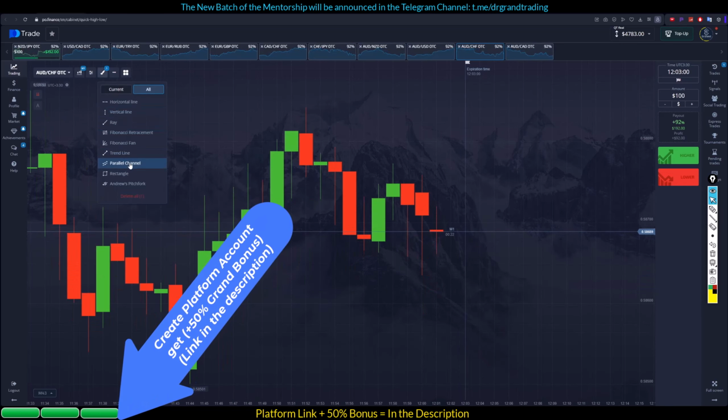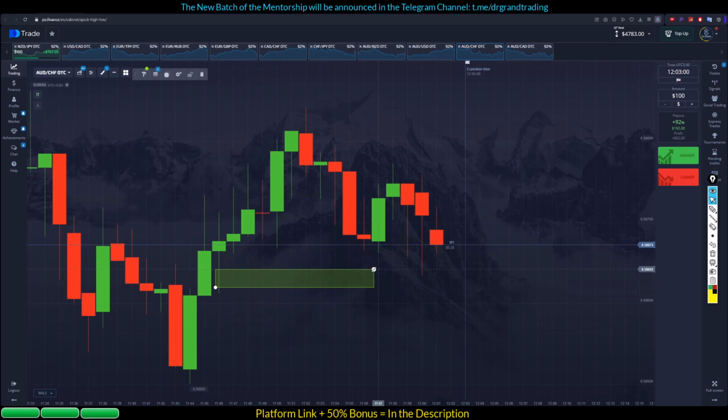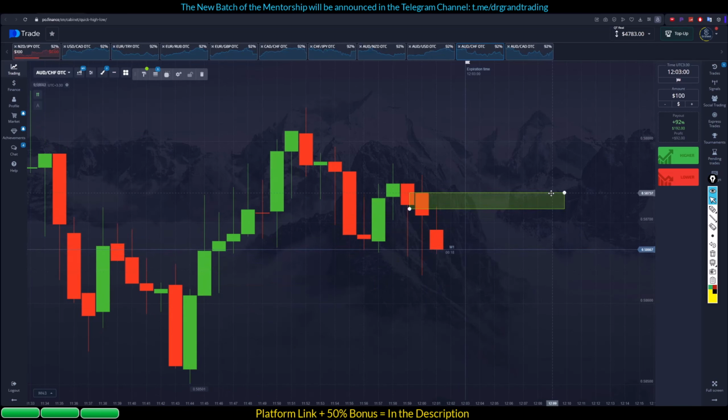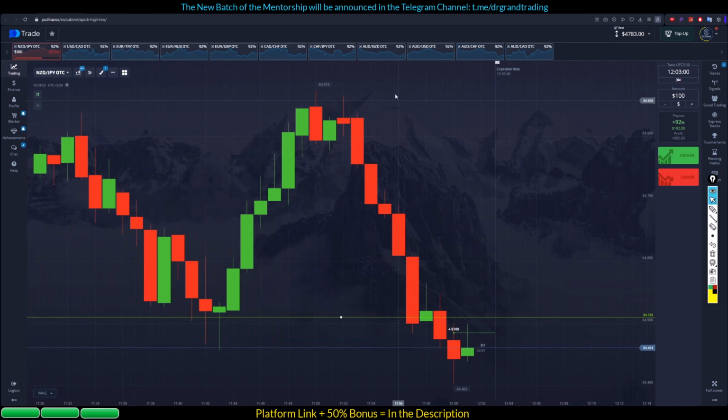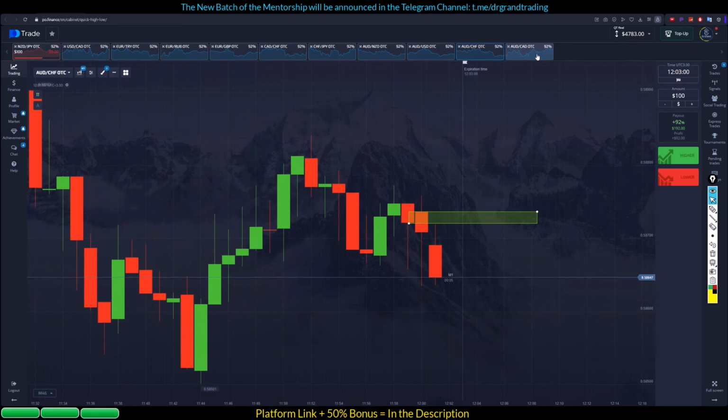We have an overlapping level right here. If you don't know what an overlapping level is, when you have a downtrend, gap ups create an overlapping level. So if you look here, this area is going to be full of sellers.